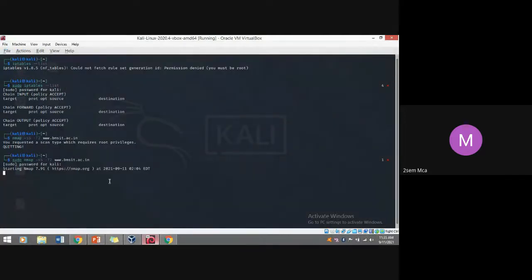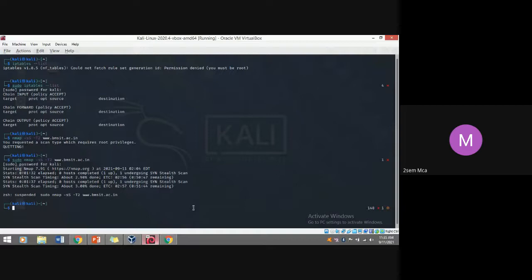Scanning is happening. Let me terminate this scan. Instead of that, I am going to do a simple scan. Let it do the scanning at the back end.